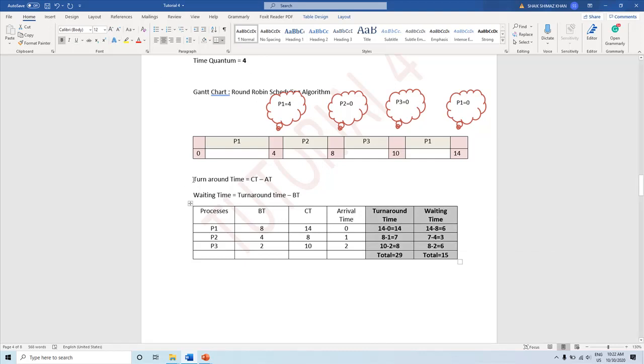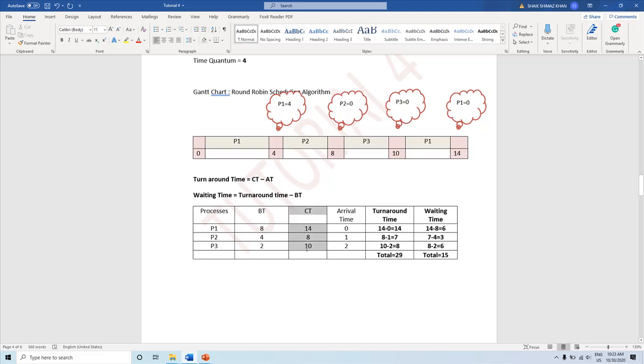I already told you, the same logic we have to use here. Turnaround time is equal to completion time minus arrival time. Waiting time is equal to turnaround time minus burst time. The burst time and arrival time you already know from the given input.